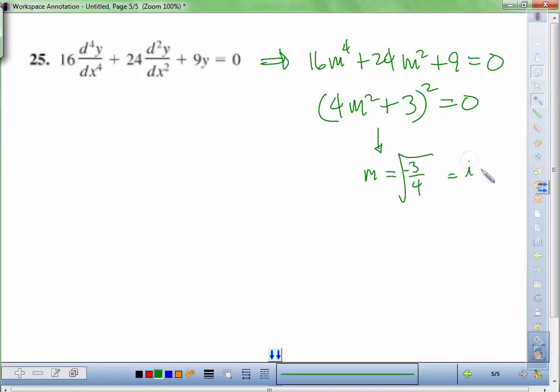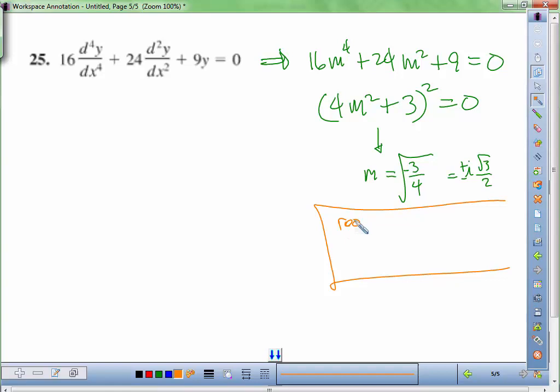So this would give us i root 3 over 2. Probably positive and negative, right? I'm looking for 4 roots. Let me just list down the roots here. I see that one of my roots is i root 3 over 2, negative i root 3 over 2.